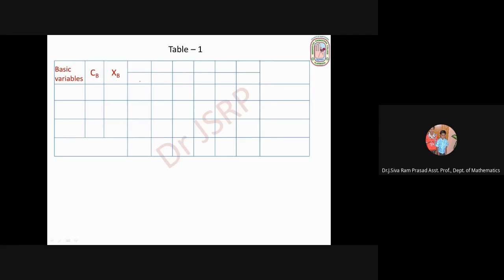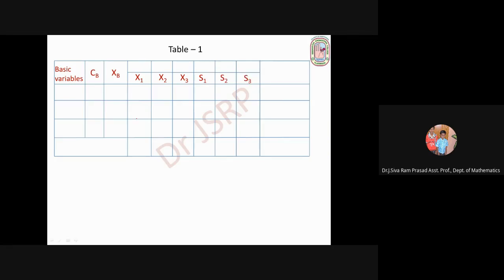So here we have two sub rows. Here we take columns, capital X1 corresponding to first variable small x1, capital X2 corresponding to second variable small x2, capital X3 corresponding to third variable small x3, then capital S1 corresponding to the slack variable small s1, capital S2, capital S3.